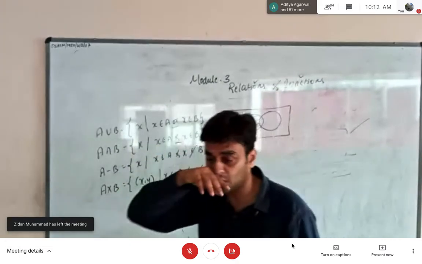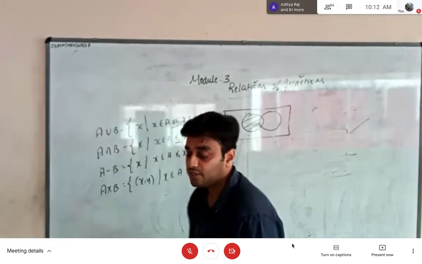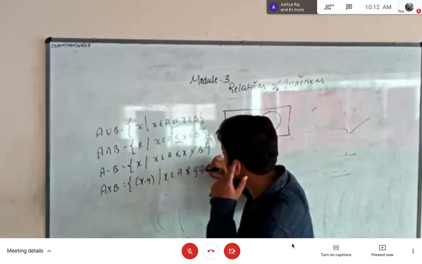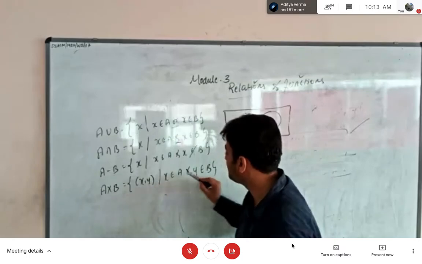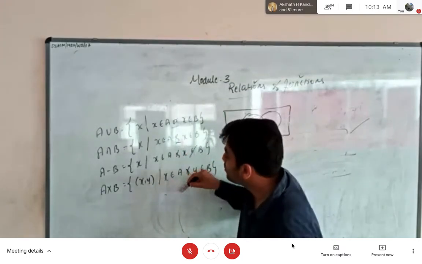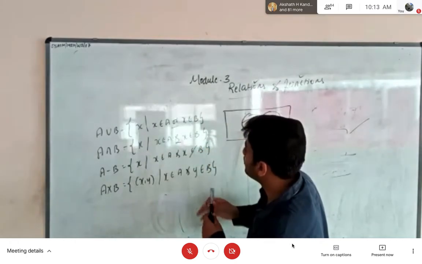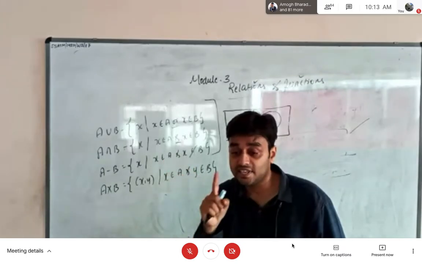And students, I just want to tell you one thing. Don't get confused. Usually the students get confused because even for A minus B, A intersection B, and A cross B, everywhere you are having "and", right? But you will go into these set operations, that is union, intersection, and difference, when you are dealing with the same element.